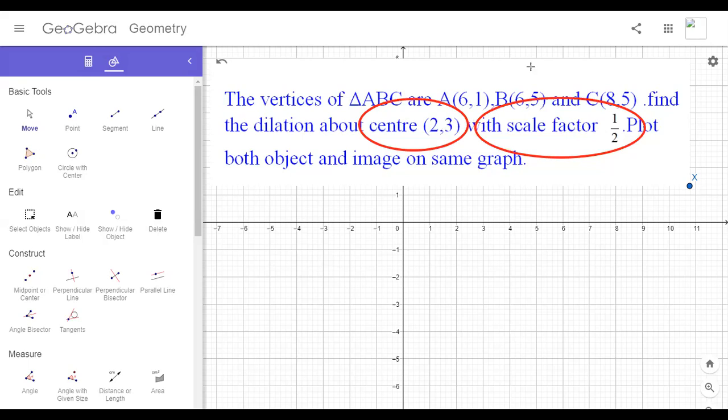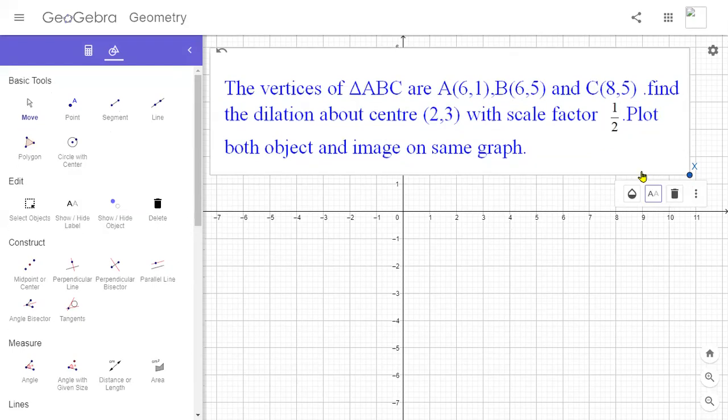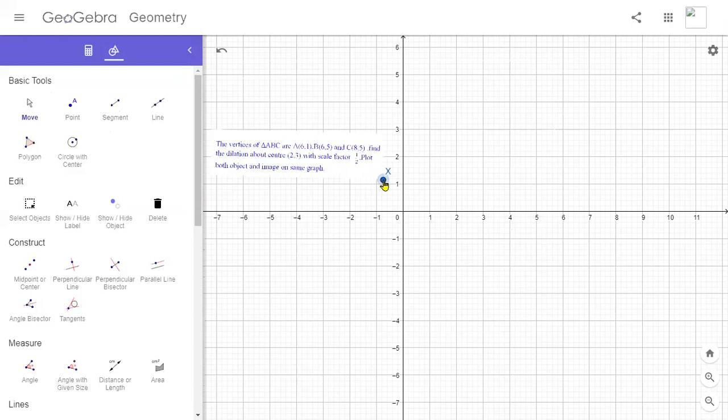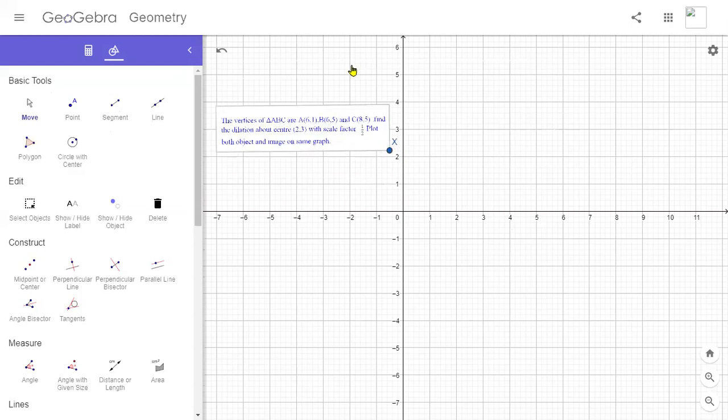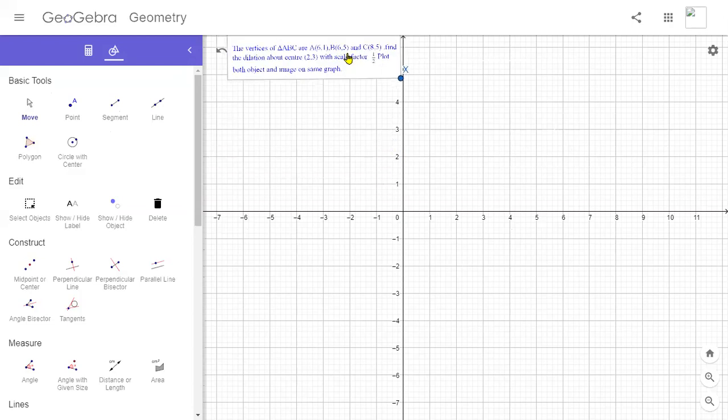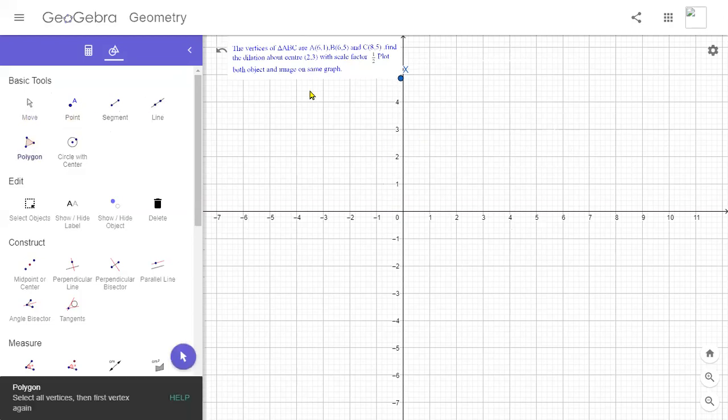Okay, let's move ahead. Let me solve this question by using these coordinates. Let me resize this question. The very first step while doing this type of transformation is just making the object. Here the object is triangle ABC.